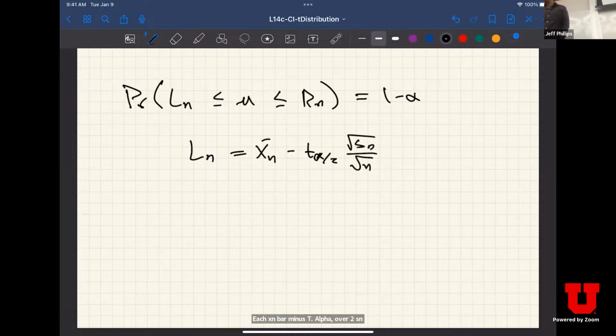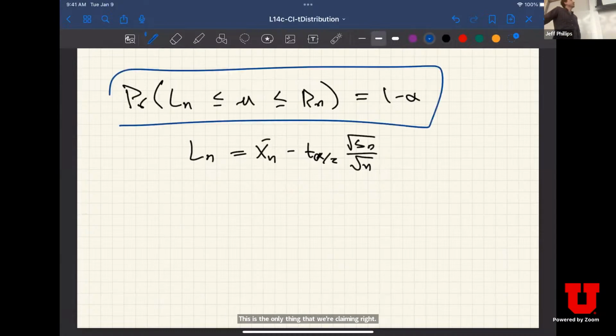This is the only thing that we're claiming: that the probability that mu actually falls within those bounds is 1 minus alpha. And that's trying to account for all of these weird things that can go wrong. Our mean estimate inside the sample variance could be wrong. The sample variance might be too big or too small. And we've used the t alpha over 2 to correct for that.